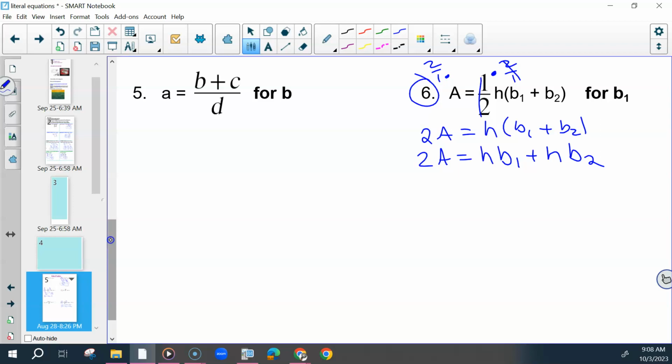In this case, we would subtract the hb2. We have 2a minus hb2 equals hb1.